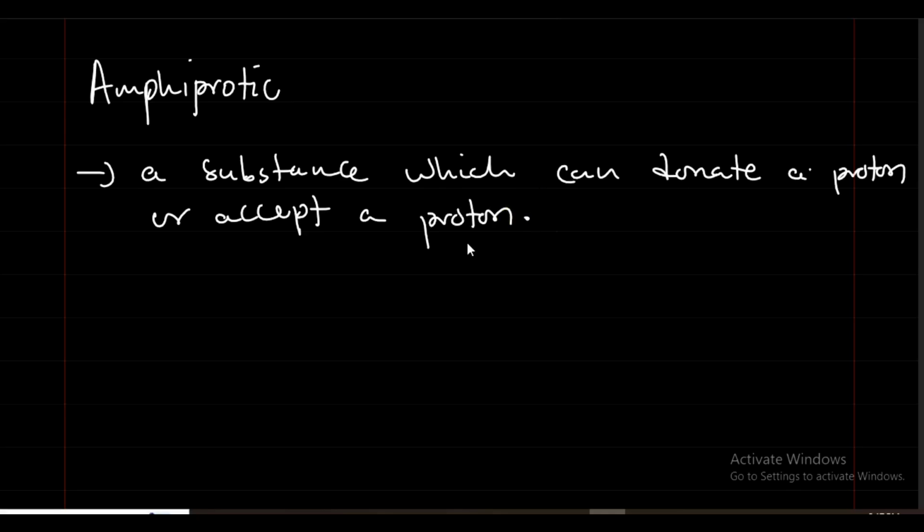So this is almost the definition of ampholyte defined in terms of Bronsted-Lowry definition of acids and bases. But the ampholyte and the amphoteric, they mean the same thing, those two, but they don't mean the same thing as this one. I don't want to go very deep into it because it might confuse you.